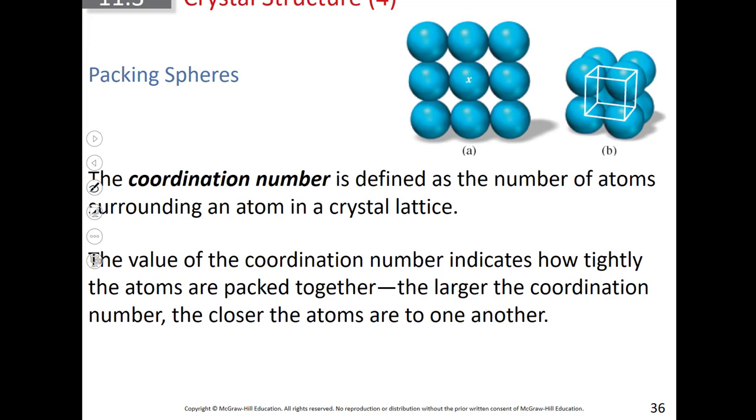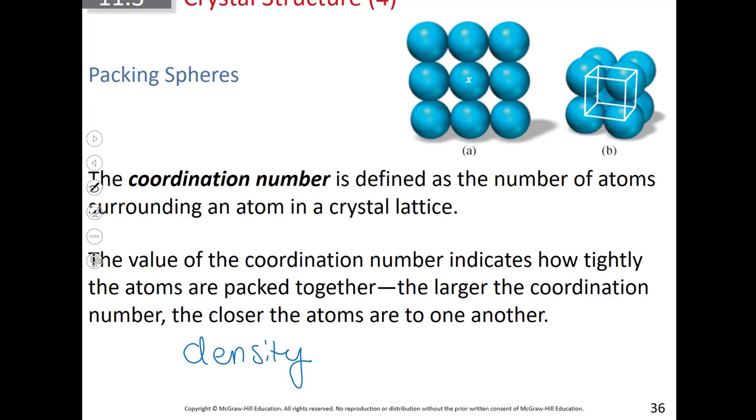So the higher the coordination number, the more atoms can crowd around each lattice point, the more you're going to be able to pack into that. And that's going to affect density. So the higher the coordination number, the more you can pack in. How do you think that's going to affect the density of that solid?